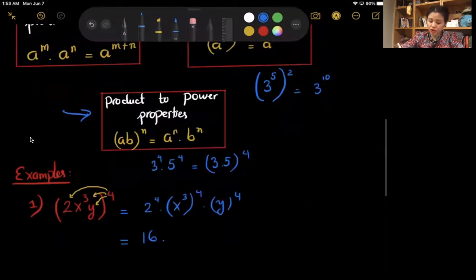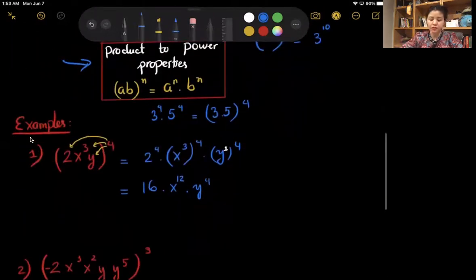So x cubed to the 4th power, you multiply the exponents together. So I got x to the 12 times y to the 4, because y right here is basically y to the first. We don't write it out, but it's understood as y to the first. So 1 times 4 is y to the 4. And that'll be your final answer.